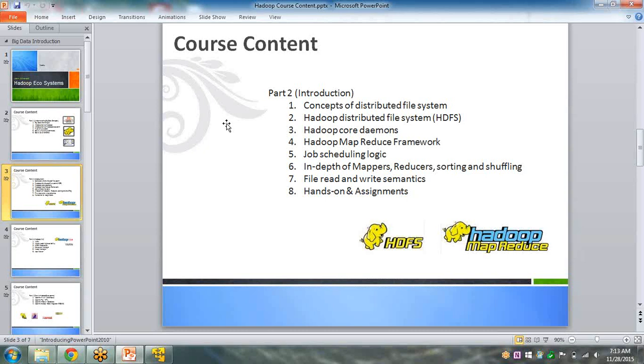Of course, when discussing the framework, we also need to understand the types of files; the file read-write semantics are important. We are dealing with huge files here, so those semantics need to be understood.